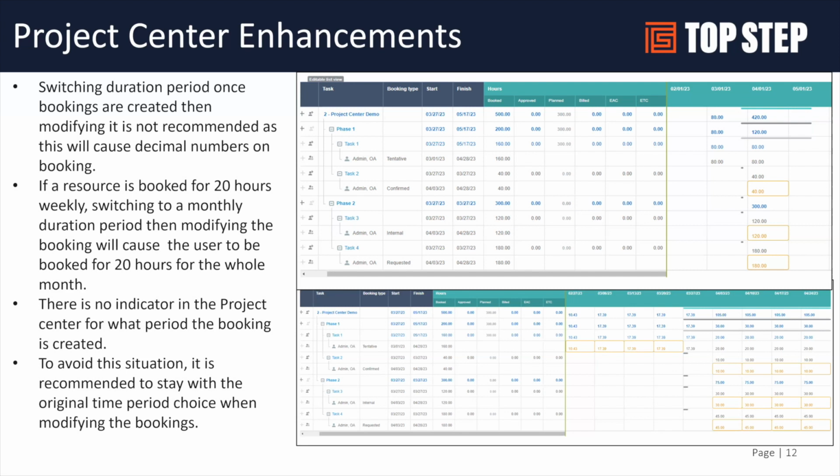So we really do recommend not pivoting between the two: either you're going to use it on a weekly basis or on a monthly basis. It really doesn't work for pivoting back and forth. So just to avoid that situation, try to stay consistent with how you use that feature.